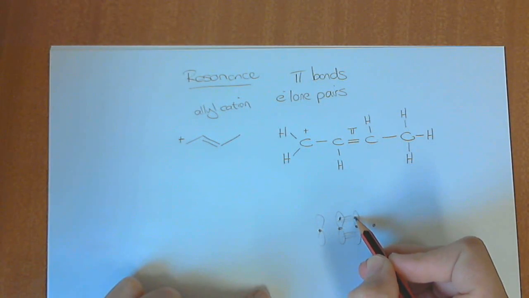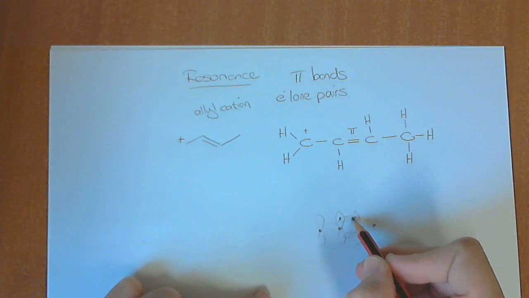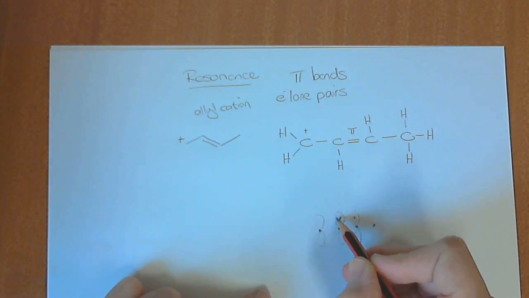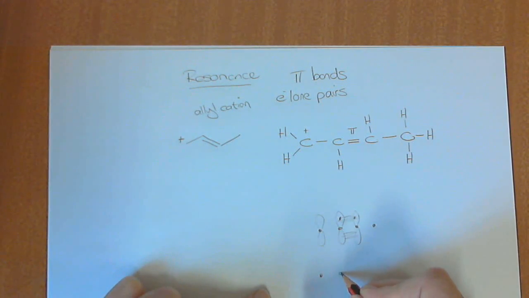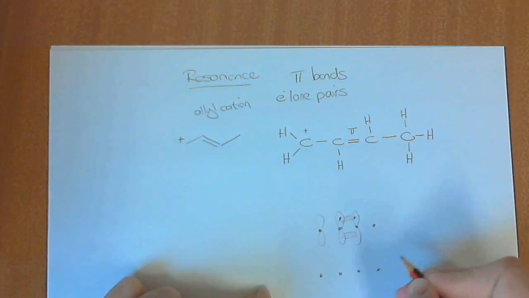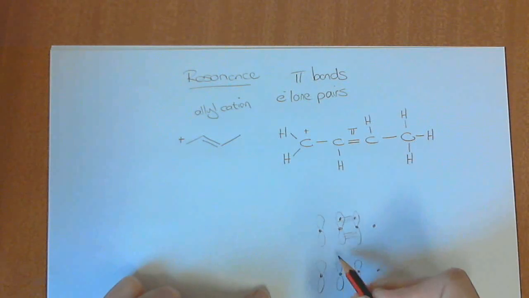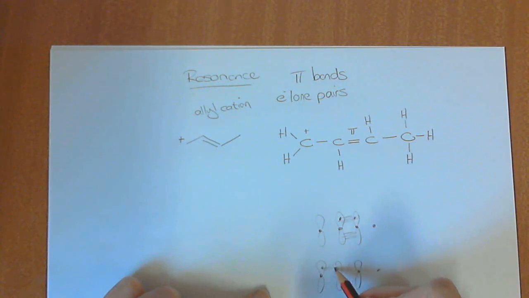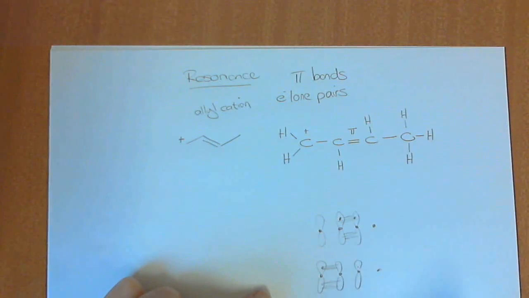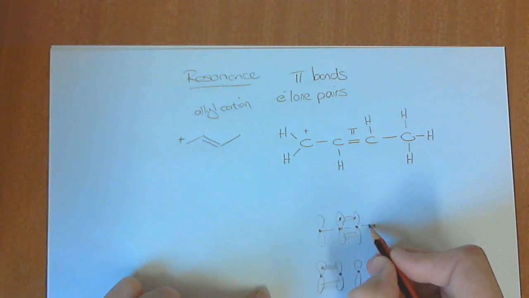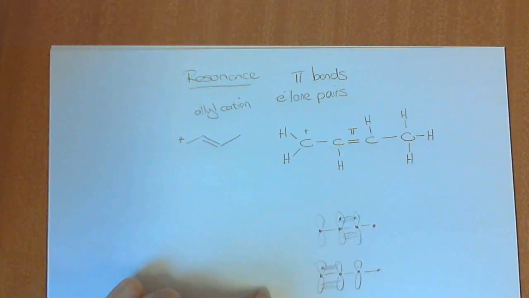Instead of being bonded between those 2 orbitals, they just shift across over here and get bonded between those 2 orbitals over there. So now the electrons are in those 2 orbitals over there, so we now have a pi bond there, and this one is now empty, with all these bonds between the atoms.